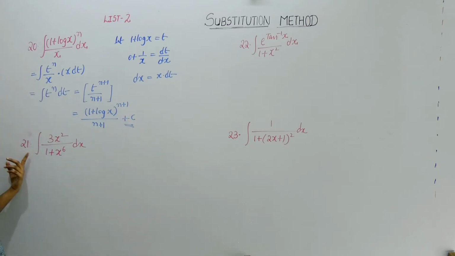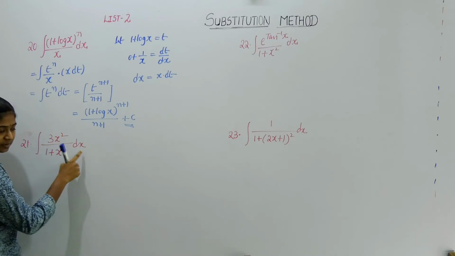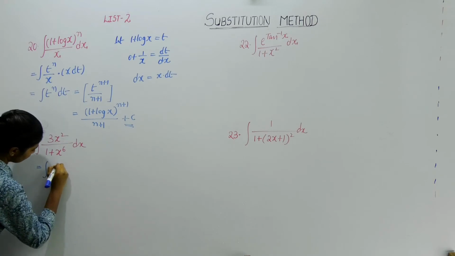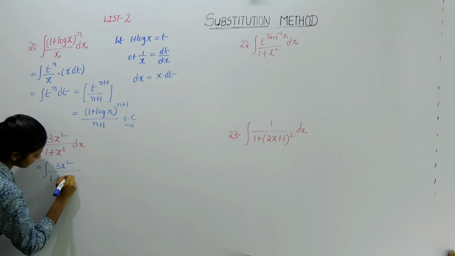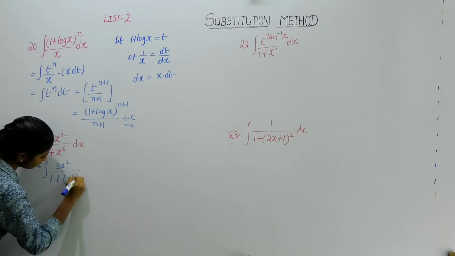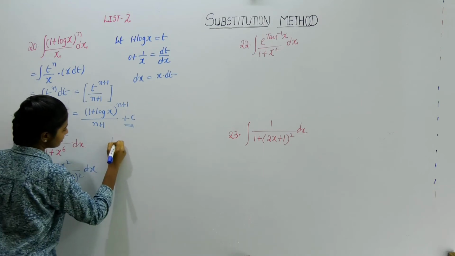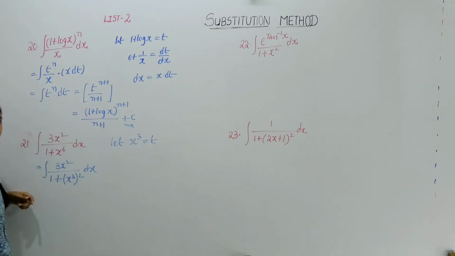Next, 21st one. Integral 3x square by 1 plus x power 6 dx. In this, the first step, let me write this as 1 plus x cube whole square, since x power 6 is x cube whole square, dx. Now, let us assume x cube is equal to t.